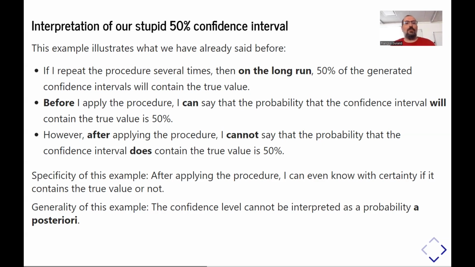However, after applying the procedure, not only can I not say that the probability is 50%, but in general, I can say that it's 0% or 100%. What is specific to this example is that here the problem is especially obvious, but it's general in the sense that the confidence level cannot be interpreted as a probability a posteriori.